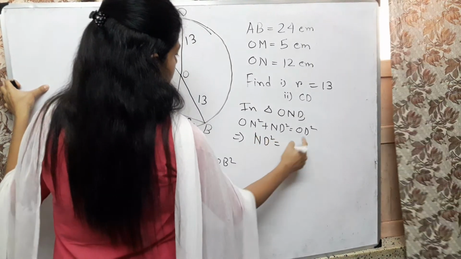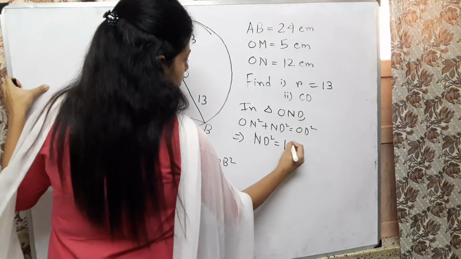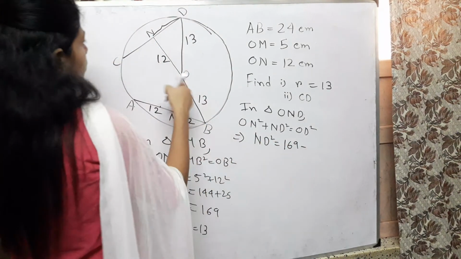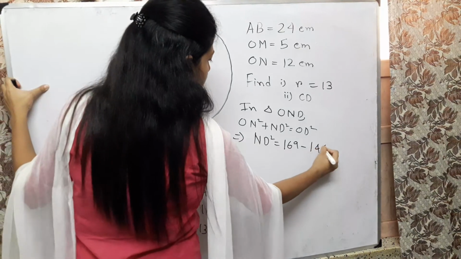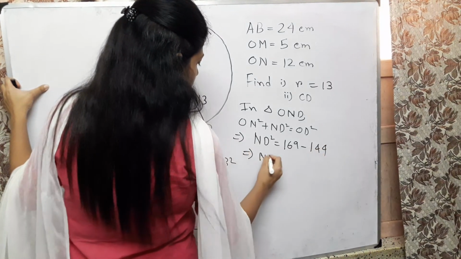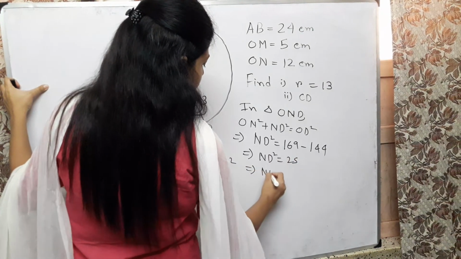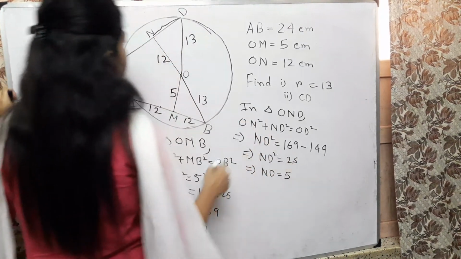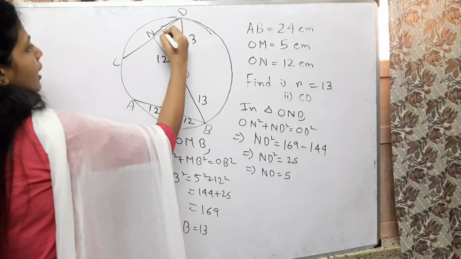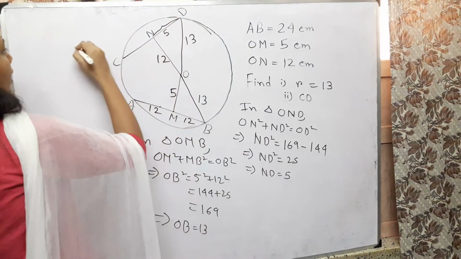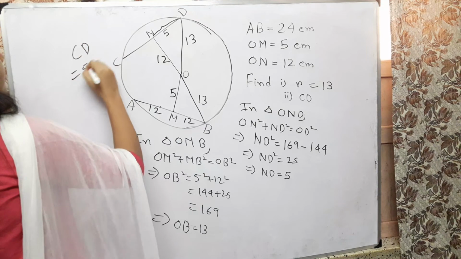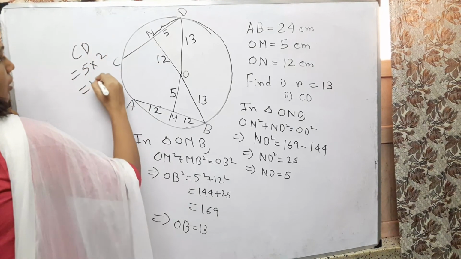ND square equals OD square, which is 169, minus ON square, 144. So ND square equals 25. That means ND equals 5. Now the half one is 5. The full one will be CD equals 5 into 2, 10 centimeter.